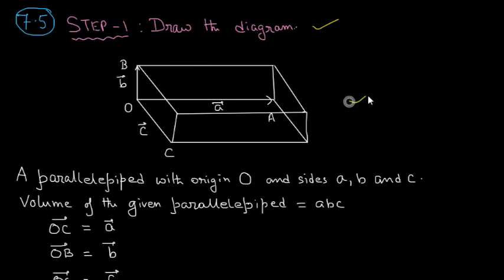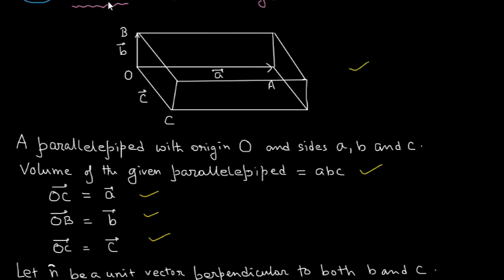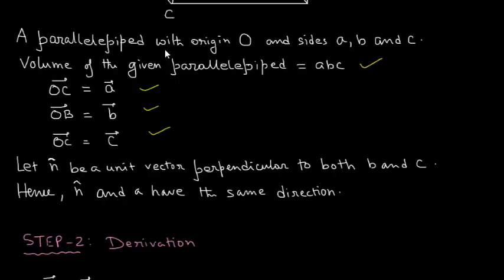So we have drawn the diagram with vectors A, B and C. A parallelepiped with origin O and sides A, B, C, the volume of the parallelepiped is equal to A, B and C, where OA is equal to A, OB is equal to B and OC is equal to C. Let n be the unit vector perpendicular to both B and C, hence the unit vector and A have the same direction.